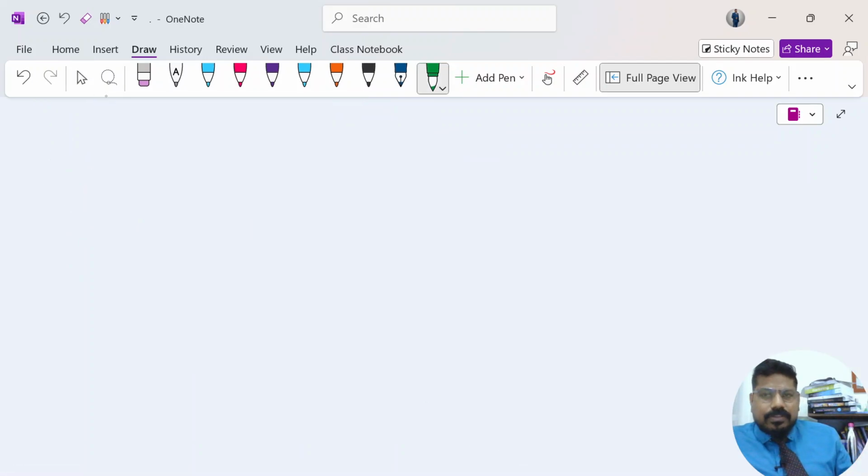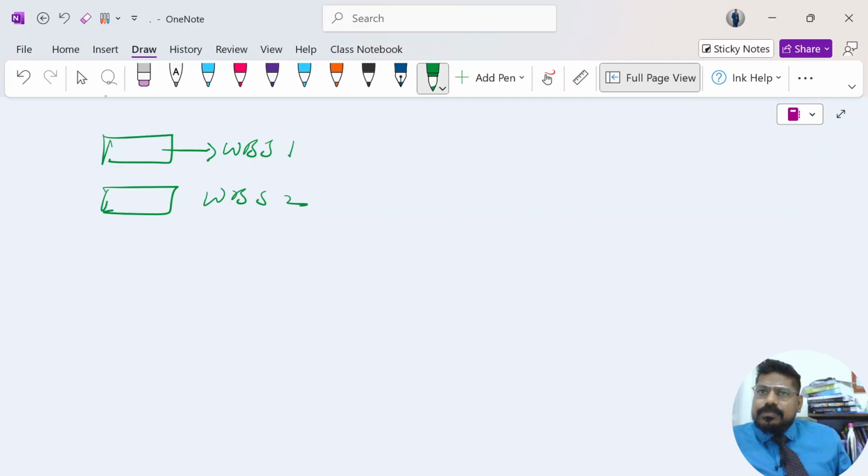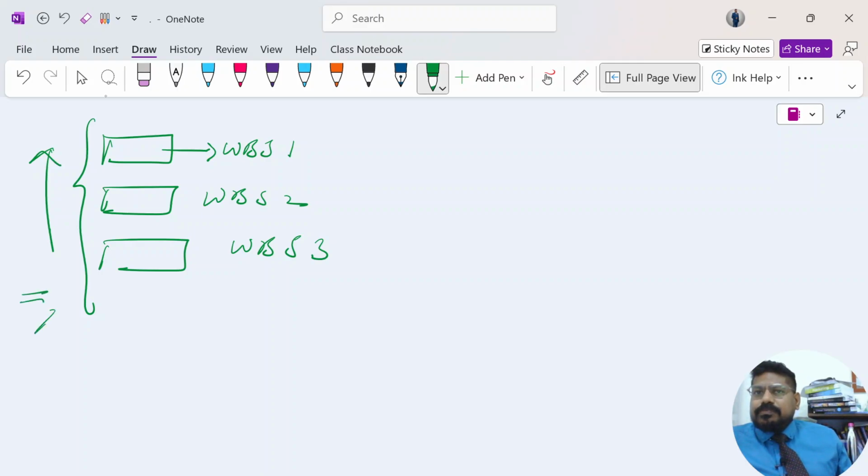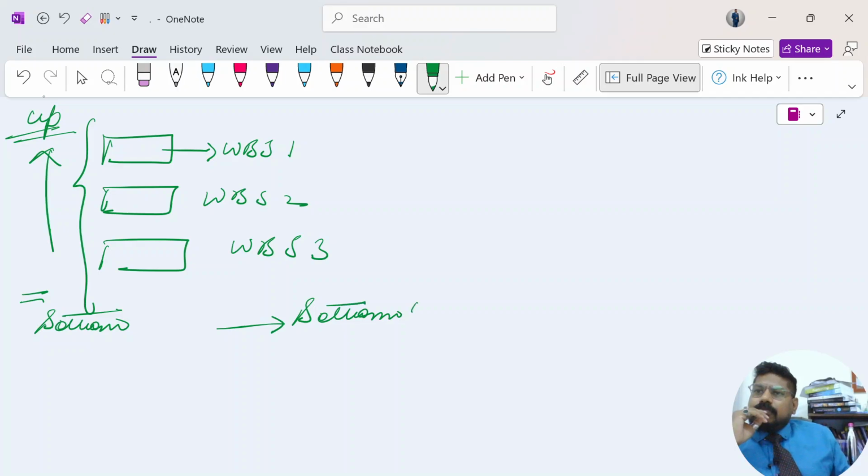Bottom up estimation is when the whole project is divided into, for example, WBS 1, WBS 2, WBS 3, etc., and you sum it up. Because you are doing it from bottom towards up, it is known as bottom up estimation.